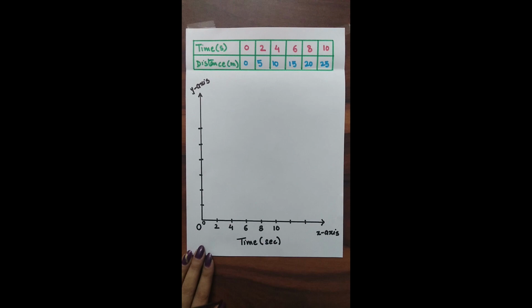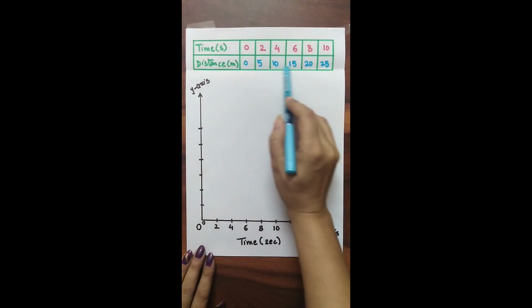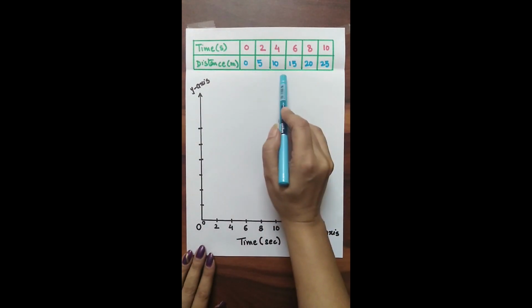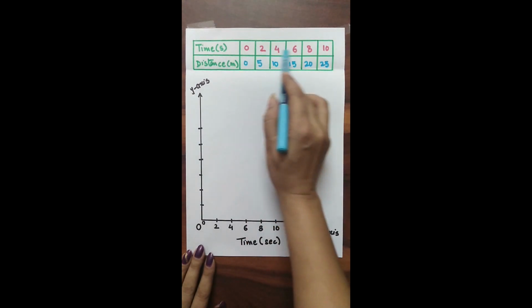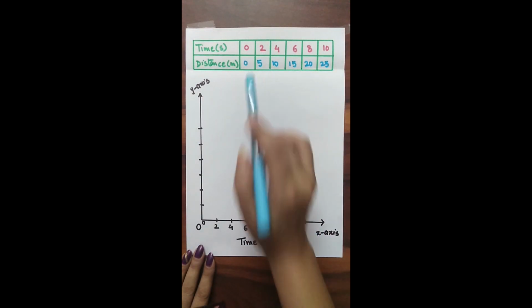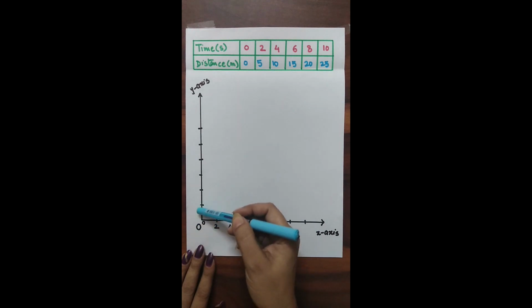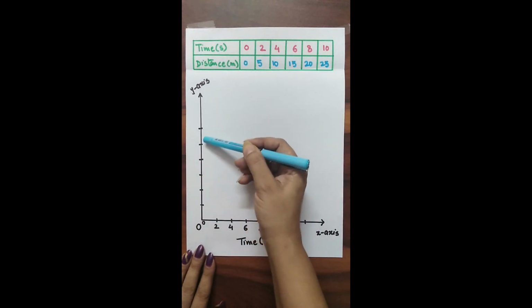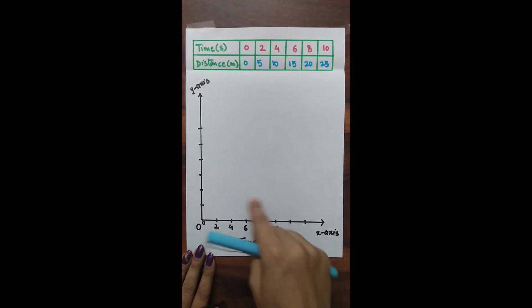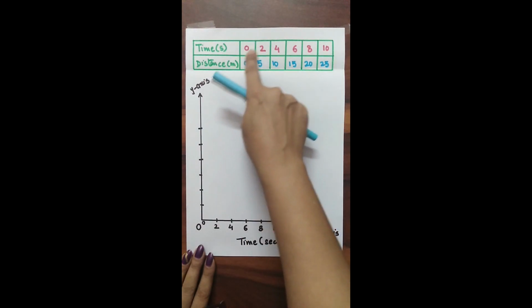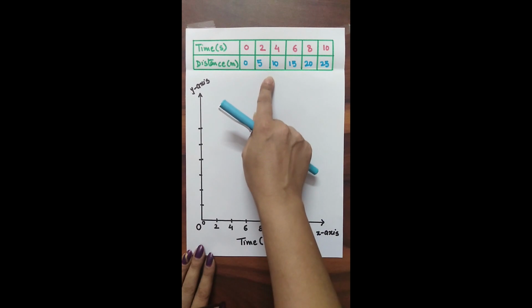Now it's time to plot the points on the y-axis. Since all these numbers for distance, if you check, are multiples of a particular number? Yes, they all are multiples of 5. So we can plot the points at equal distance and choose a particular number for which you have all these multiples.